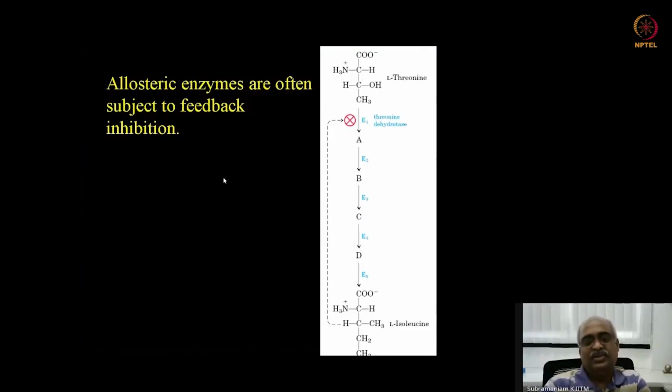So you're wondering why, for example in this case, threonine would stimulate its own conversion to isoleucine, right? This negative feedback you readily understood. That is, if I have a lot of isoleucine, then I don't need to do this. So your question is, what kind of situation will need positive activation?